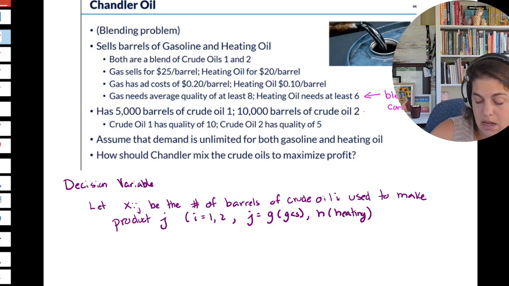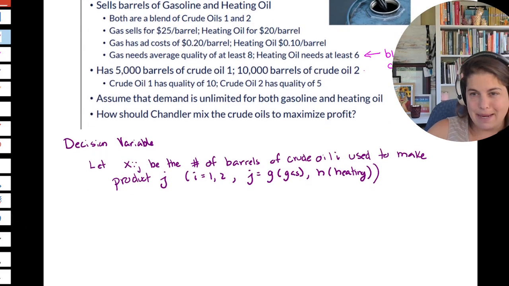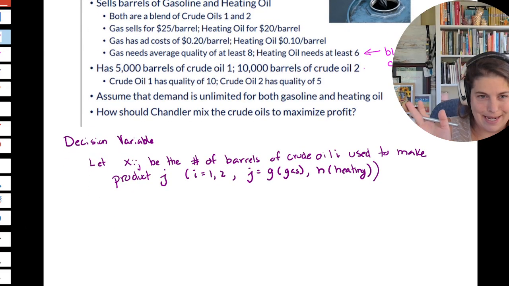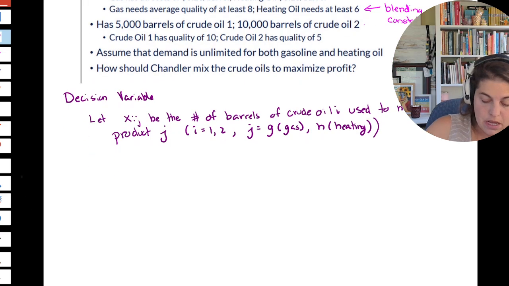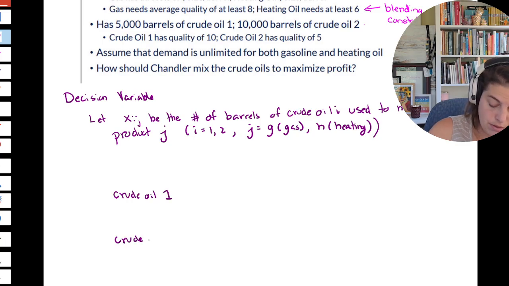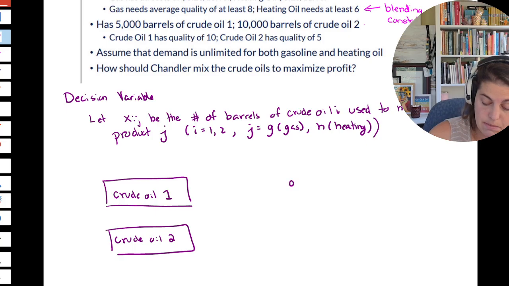I could have also just made it 1 and 2 there, but you'll see it can sometimes be a little bit helpful to have one as numbers, one as letters. And you don't have to draw this picture, but again, visualization is sometimes super helpful. So I have my ingredients. I've got crude oil 1, I've got crude oil 2, and they are being used to make gas and heating oil.